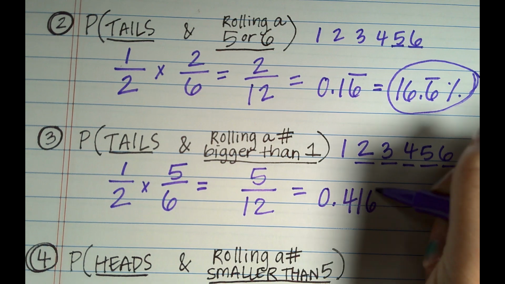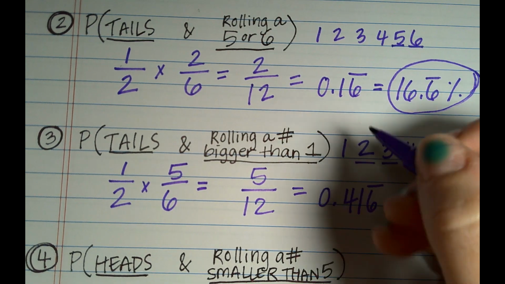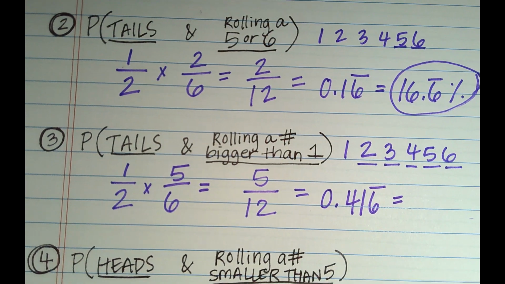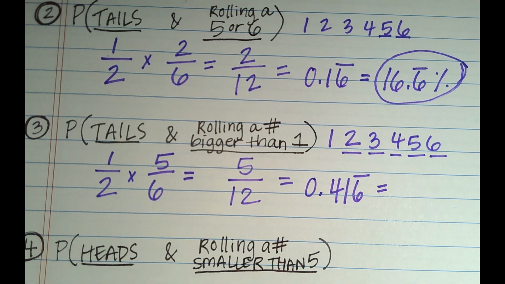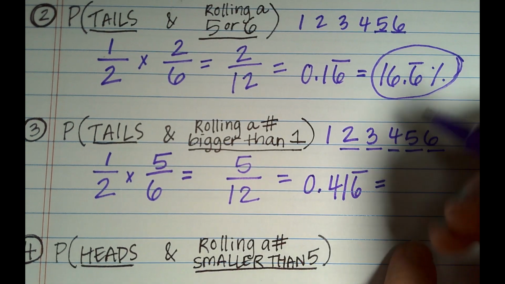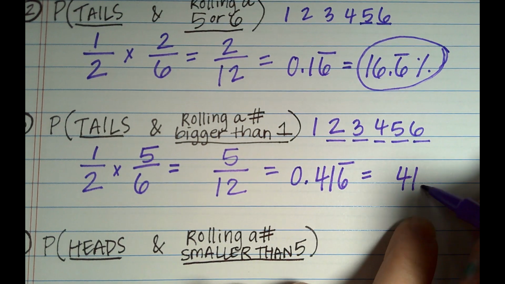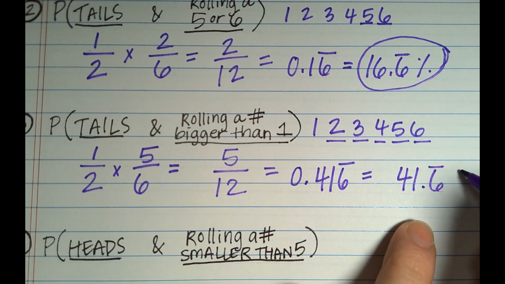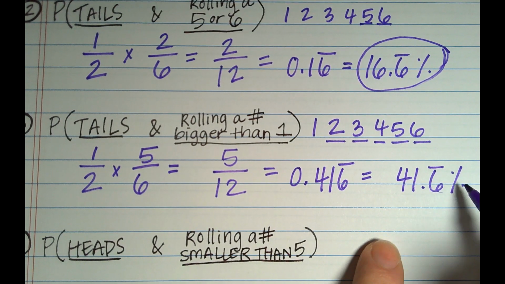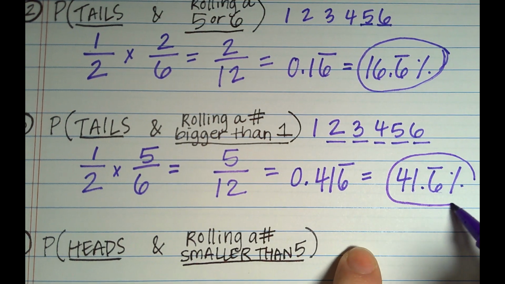I'm going to write the 6 repeating just to be precise, however. Okay. What's our percentage? 41%. Perfect. We could also say 41.6% repeating. 41% is still correct. I will take that too.